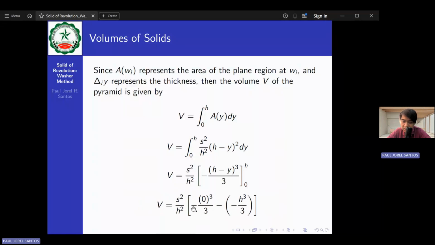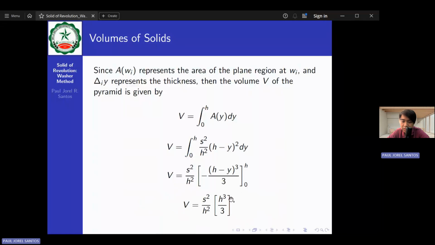So the whole thing here is 0. And subtracting a negative number will turn out to be addition. So it implies that we have 0 plus h cubed over 3. Adding these two will give us h cubed over 3.